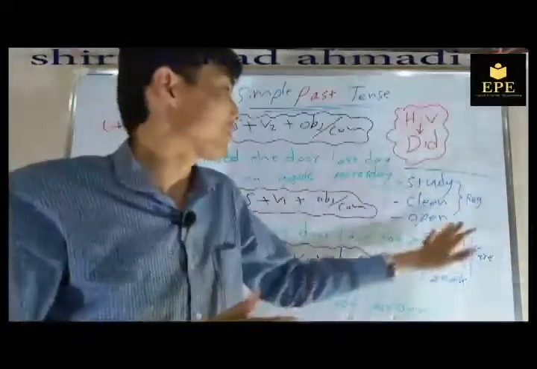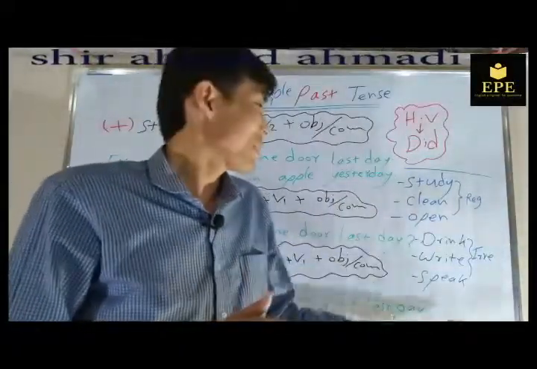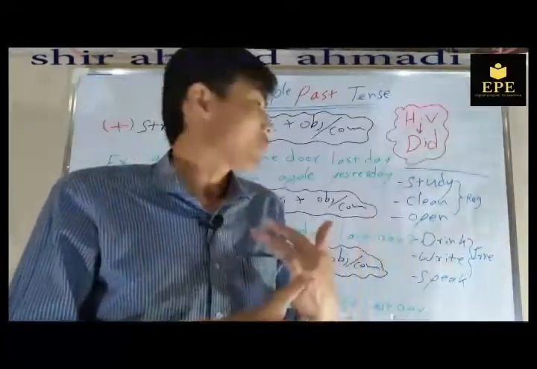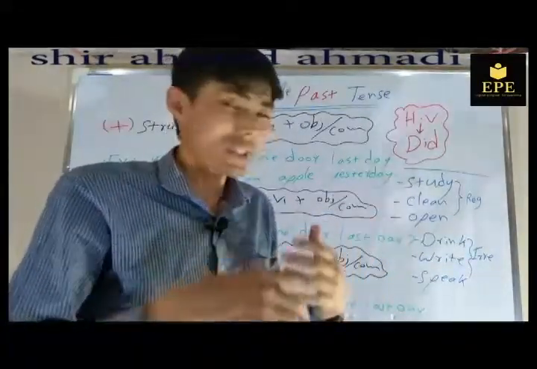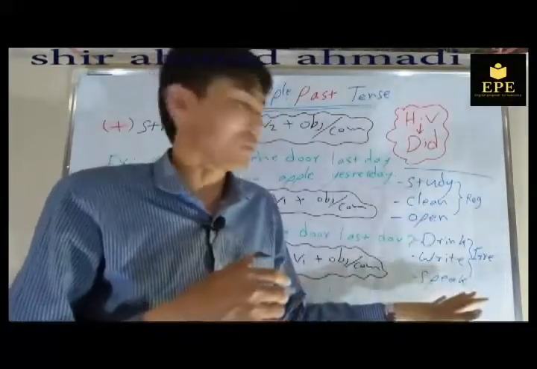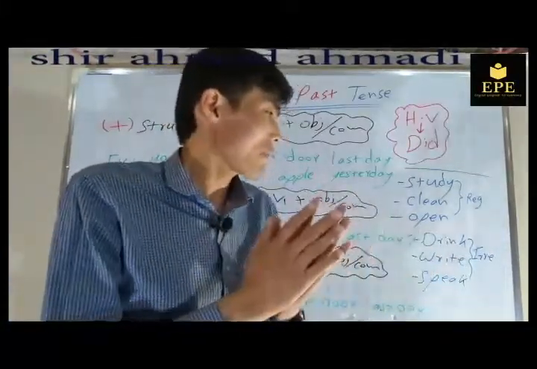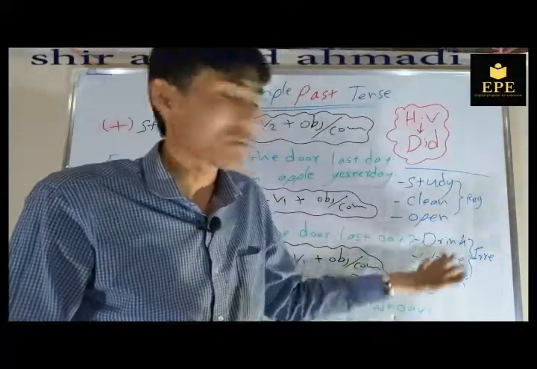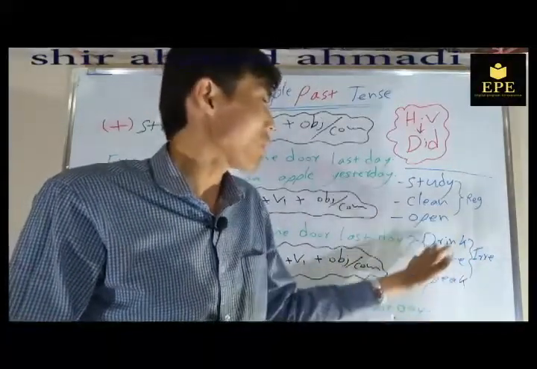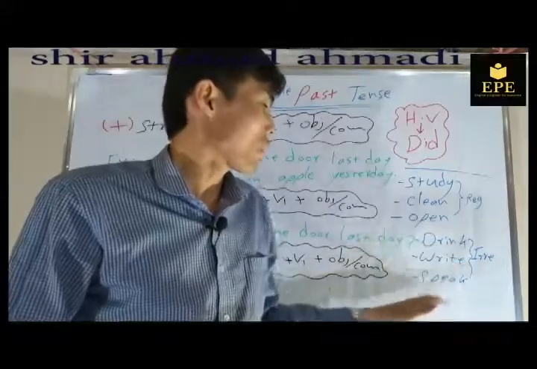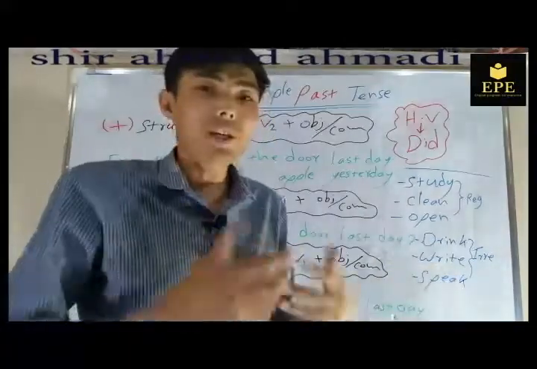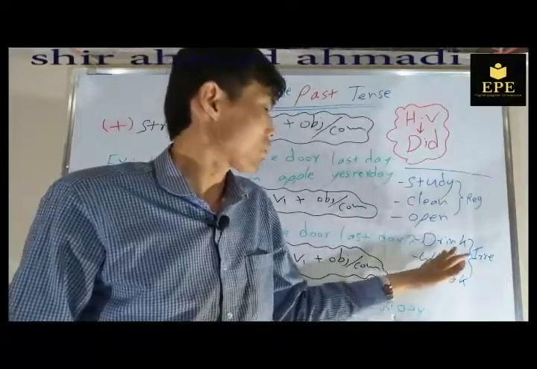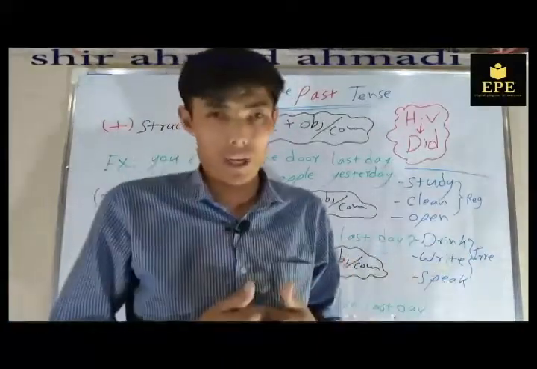Let's move to the irregular verbs. These verbs don't have any rule, or they are not regular actually. So let me give you an example. Drink, write, and speak, they are the first form. Second forms are drank, wrote, spoke, like this. The third forms are drunk, written, and spoken, like this.